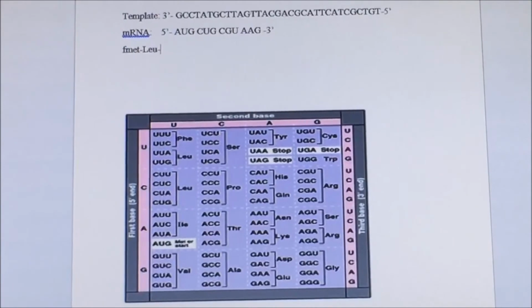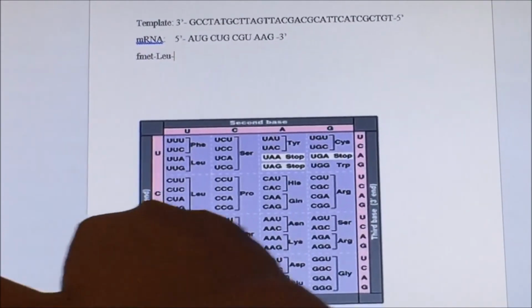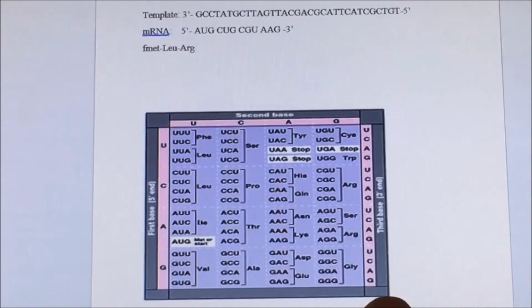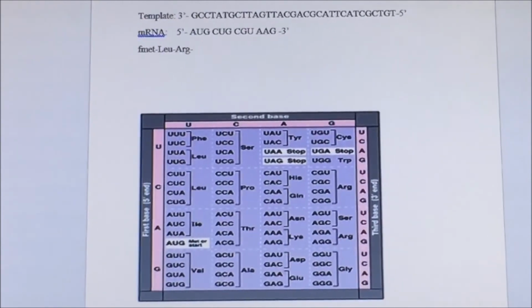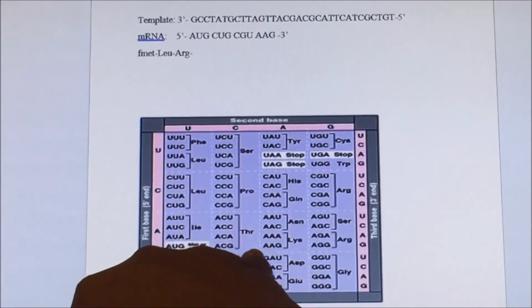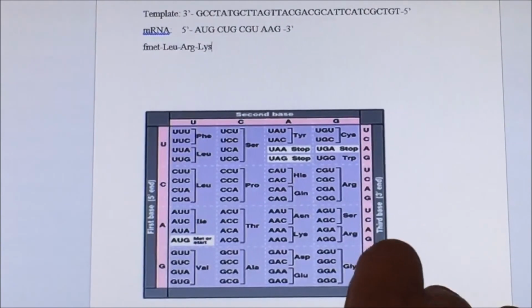Our third codon, CGU, codes for arginine, abbreviated Arg. And our last but not least, our fourth codon, AAG, codes for lysine, abbreviated Lys.